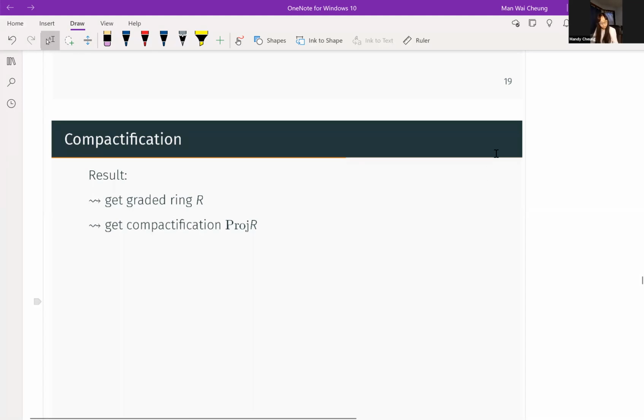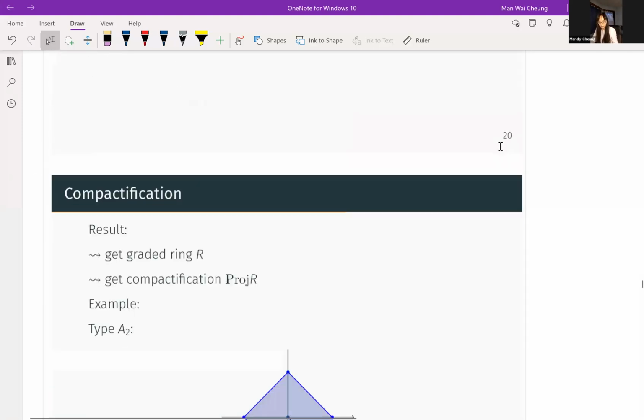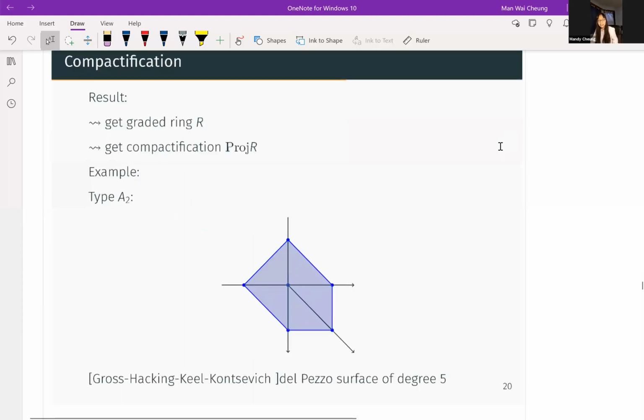And then, as an example, this is our ongoing A2 example, and actually this example appeared in Gross-Hacking-Keel already. We can look at all the primitive generators of our walls, and then we take the convex hull of it, and this polytope is positive, which you can see here.